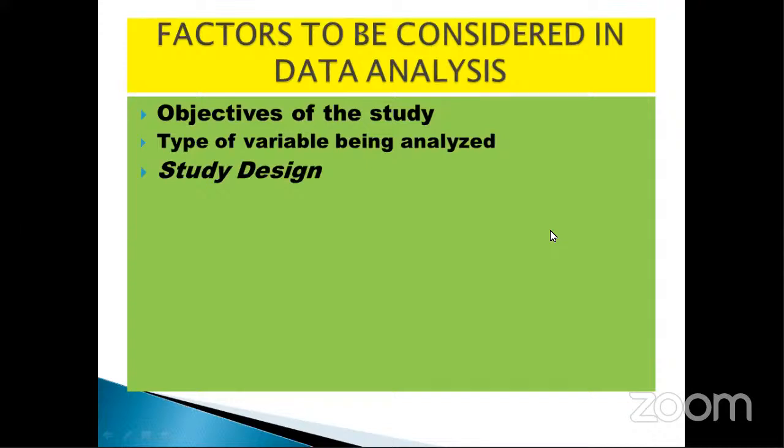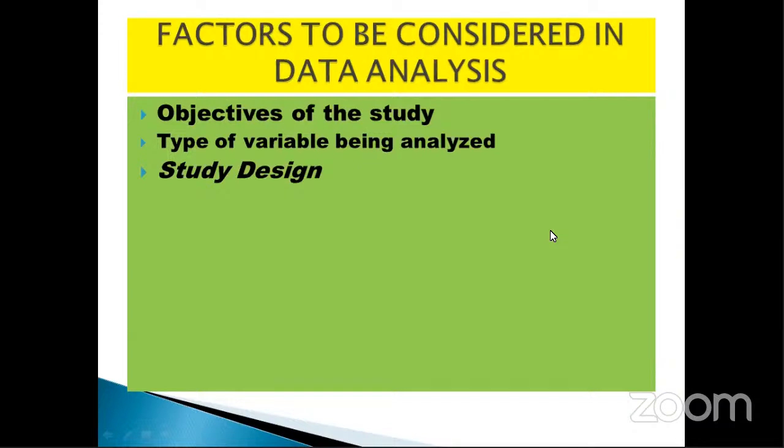Another factor to be considered is the type of variable being analyzed. Yesterday, I was listening to your Sir Arman, who said that there are different types of variables. He emphasized quality and quantity, and of course, in the data processing stage, you need to consider how you define these variables.